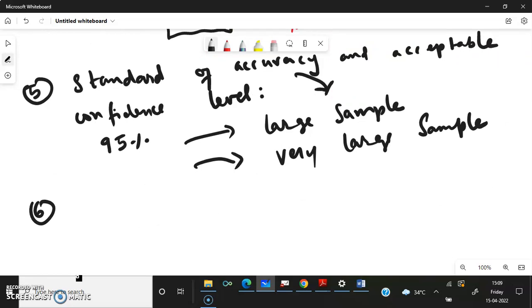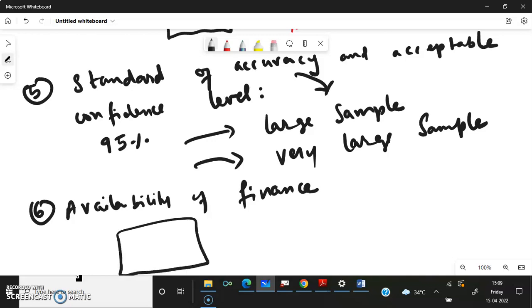The sixth one is availability of finance. That is very important. What is the money available? If the money available is small, I'll go for the small sample. If the money available is more, I'll go for the large sample.